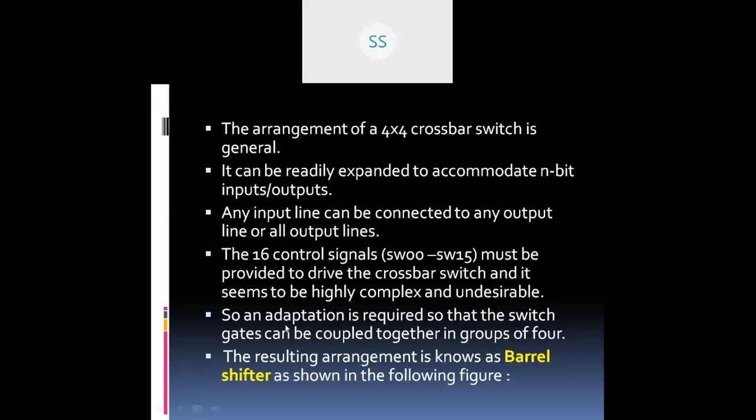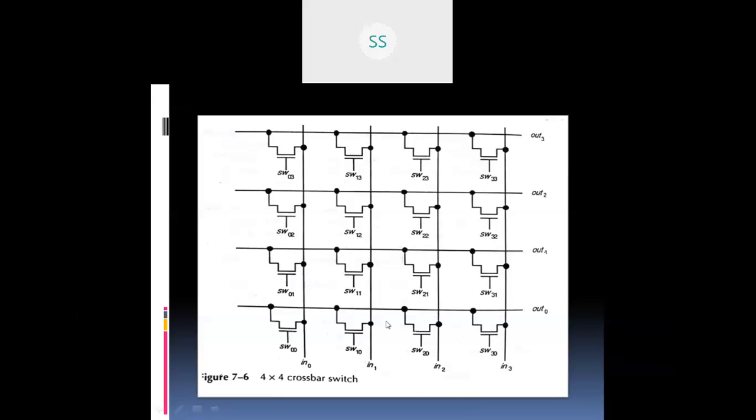So a small adaptation is applied on that, so that the switch gates can be coupled together. They are coupled together in groups of four. That is a basic version of the shifting pattern.